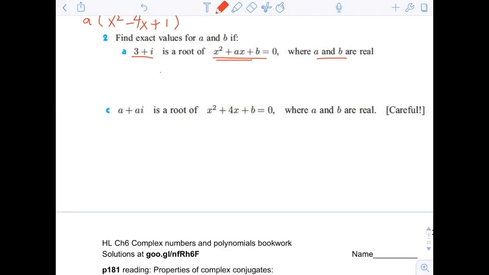So we know that if we have two roots, 3 plus i and 3 minus i, we could write it as x squared minus 2c, so 6x, plus c squared, which is 9, plus d squared, which is 1. So it's x squared minus 6x plus 10. So a is minus 6 and b is 10.